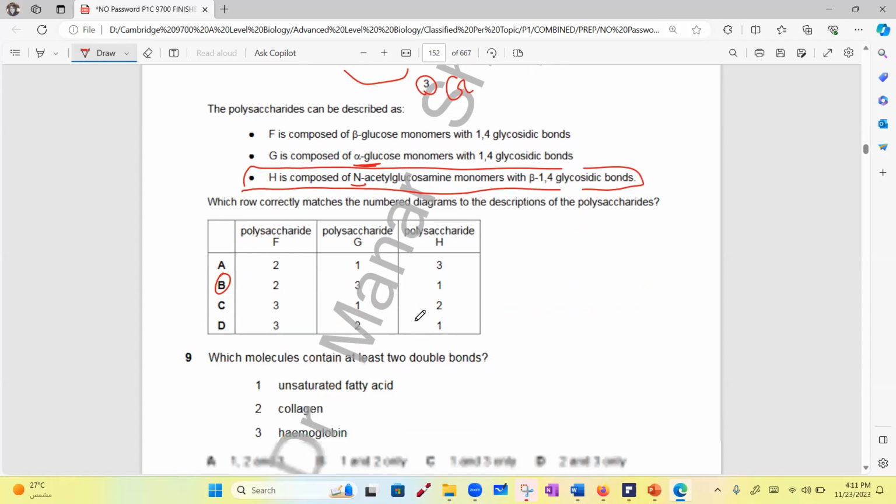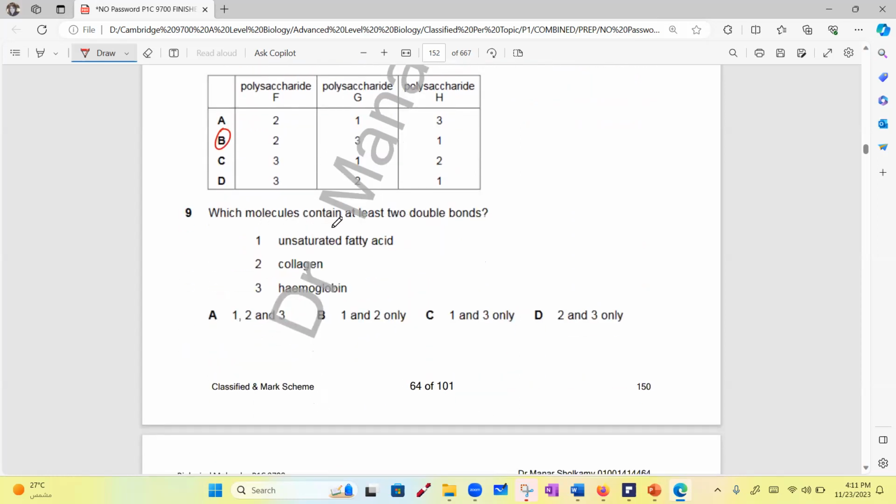Okay, good. Now, 9. Which molecules contain at least 2 double bonds? Let me see. Unsaturated fatty acid, collagen, and hemoglobin. Okay, this also is easy, but does collagen have double bonds? Isn't collagen a protein? Yes. And the protein is made up of many, many amino acids bonded together. What is the formula for a single amino acid?